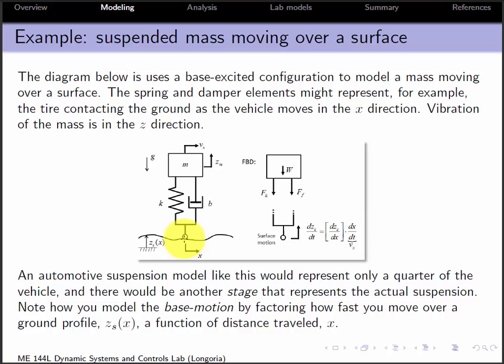These are moving relative to the ground, and the mass is moving right on top of these. So when you model this, you can use a basic mass spring damper system model. The slight complexity here is that as this mass is moving over the surface, you'd have to figure out how to model that input velocity. That's all part of building that input function that would define how fast the base is moving up and down.